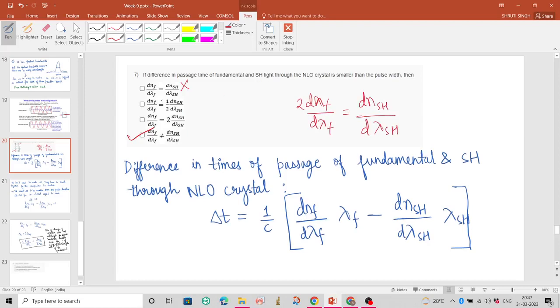Transforming this, dnf by d lambda f is equal to 1 upon 2 dnsh by d lambda sh. So 1 by 2 is the factor which will come here, which is in the second option. So the second option is also correct. Second option and the fourth option are correct for this question.